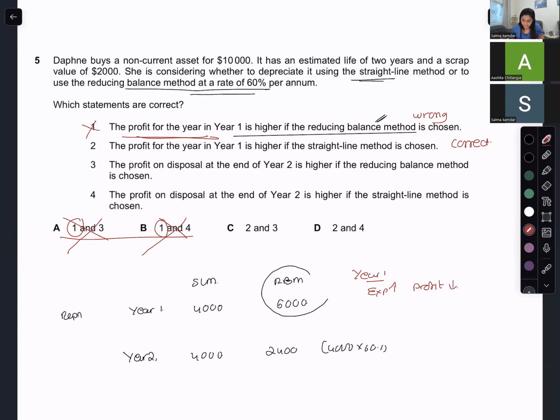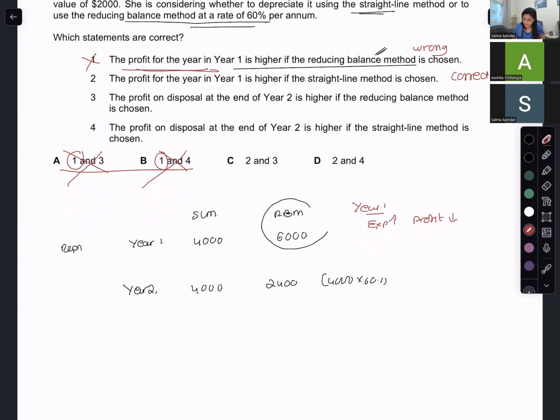The profit on disposal at the end of year two is higher if the reducing balance method is chosen. Now understand. If I am choosing reducing balance method, it'll be correct because depreciation will be, 10,400, is it less or more? More, sorry. So depreciation is more. If depreciation is more, that means the net book value will become less.